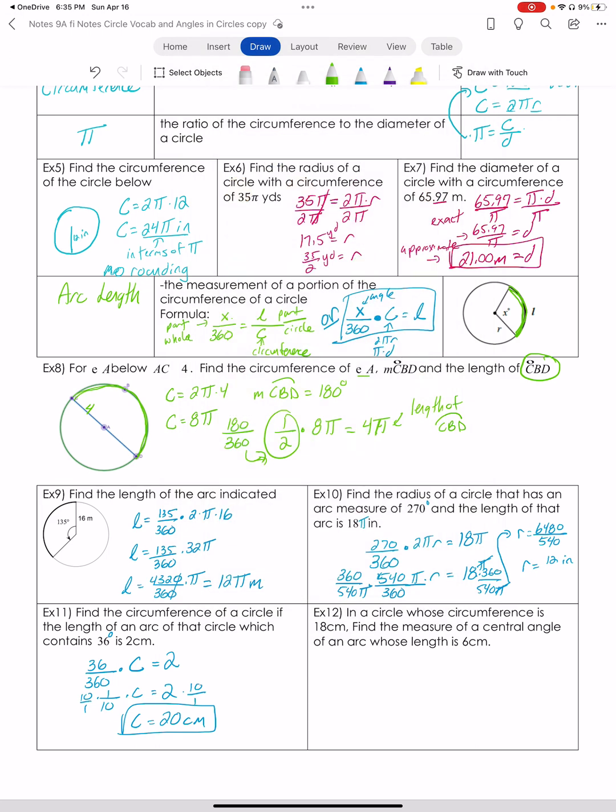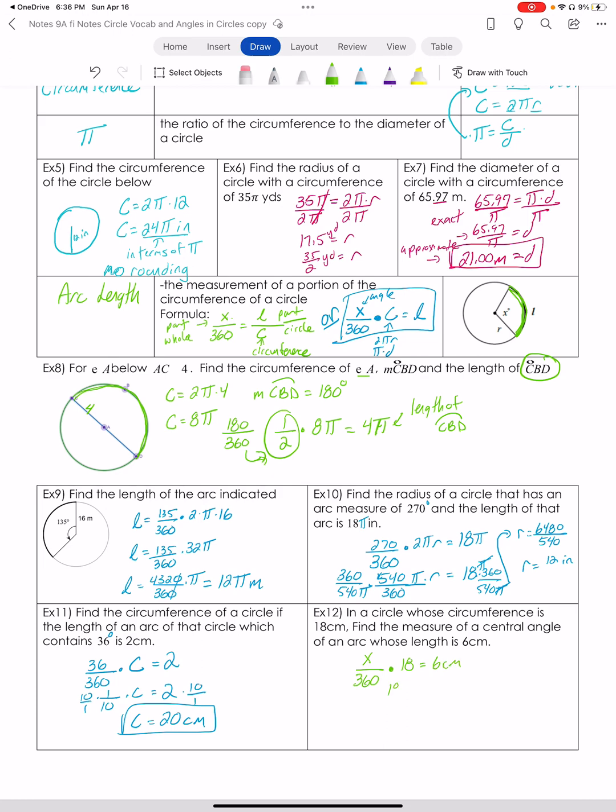In a circle whose circumference is 18 centimeters, find the measure of the central angle of an arc whose length is 6 centimeters. So I know my circumference is 18. I don't know what the measure of my central angle is. I know that that's going to be over 360, but I do know that the arc length is 6 centimeters.